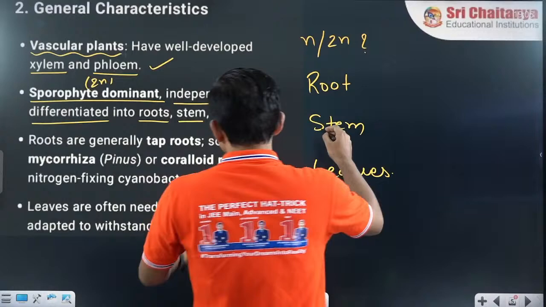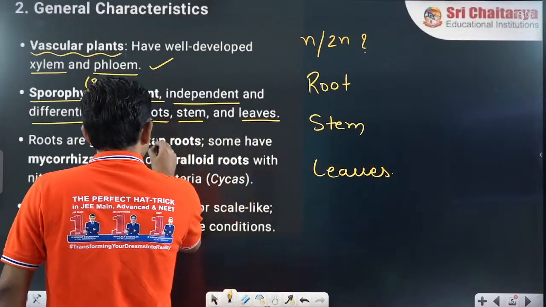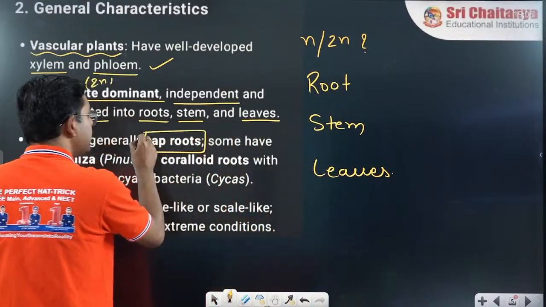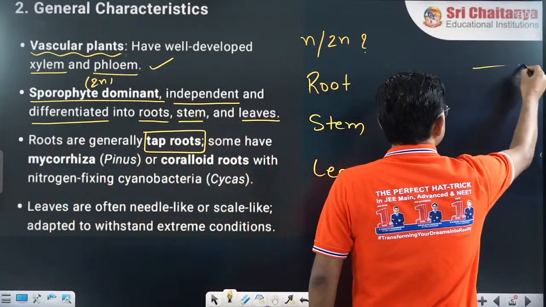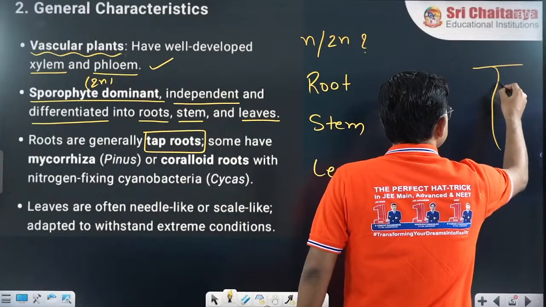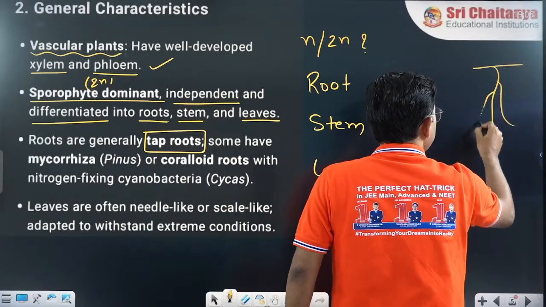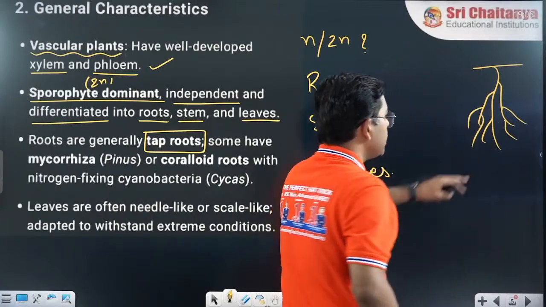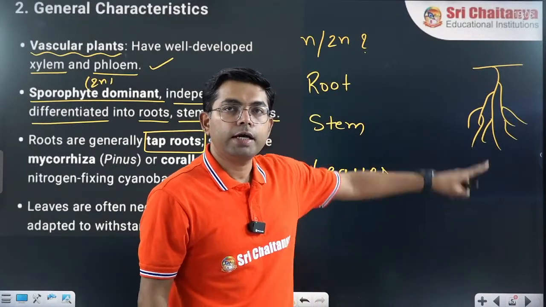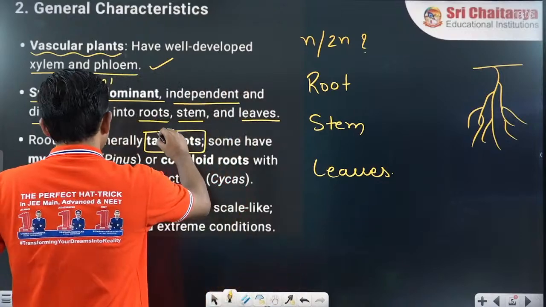Now here, if we see the root, what kind of root is present? Tap root. Now what is a tap root? All of you must have studied in your 10th class that there is a main primary root and there are secondary and tertiary roots. Such a root is called a tap root. So they have a tap root.